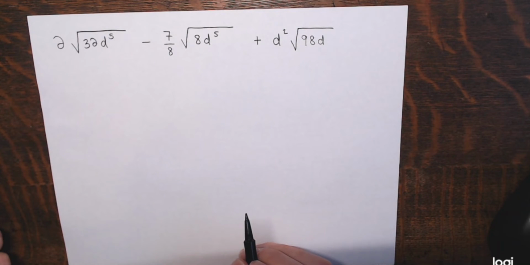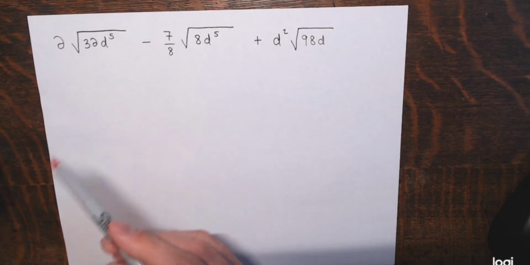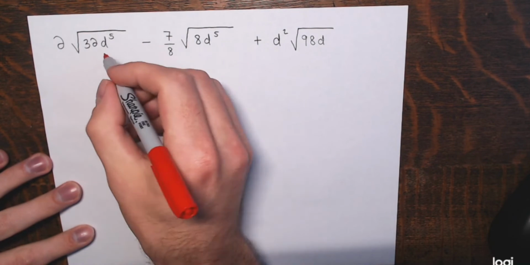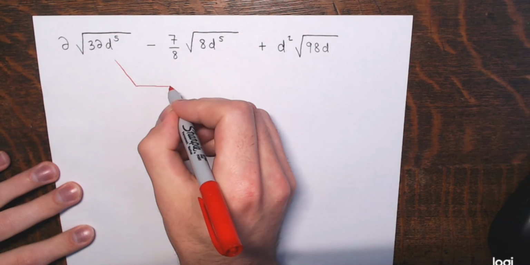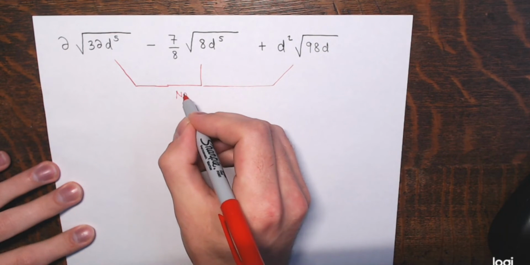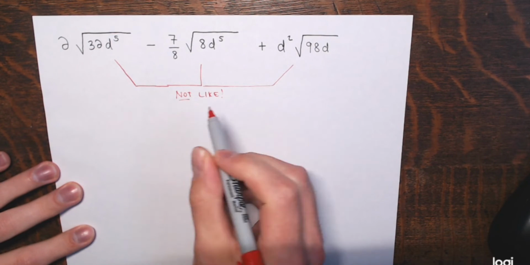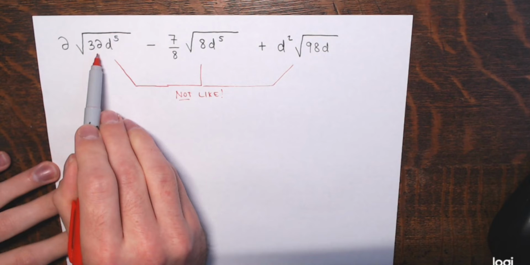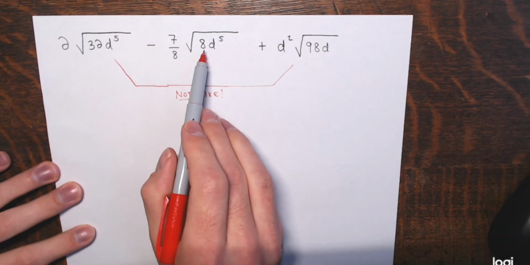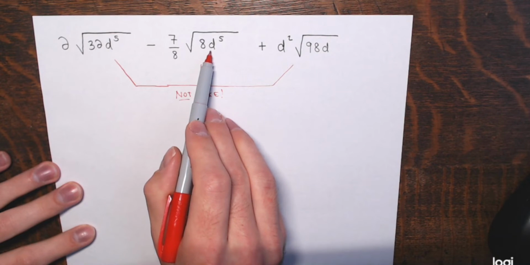Okay. So at the moment, I cannot combine these. These square roots are not like. They have different radicands. This has a radicand of 32d to the 5th. The square root in this term has a radicand of 8d to the 5th. Totally different.